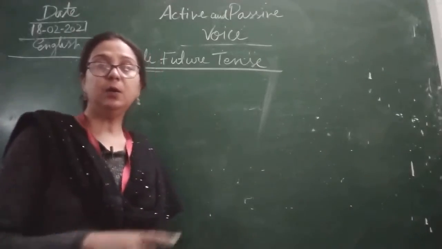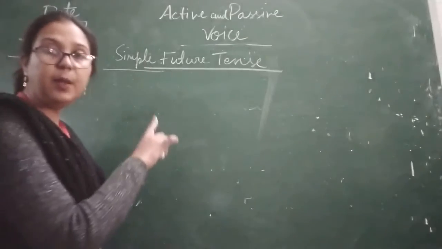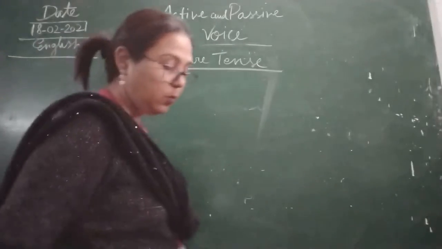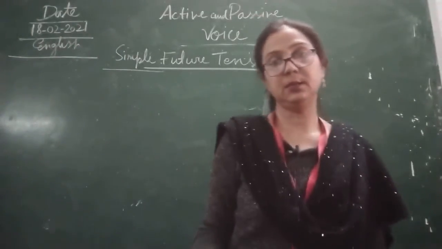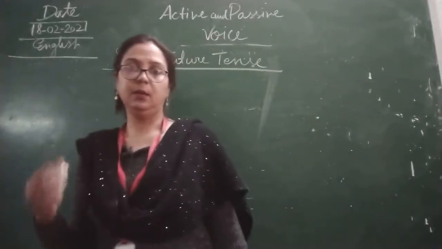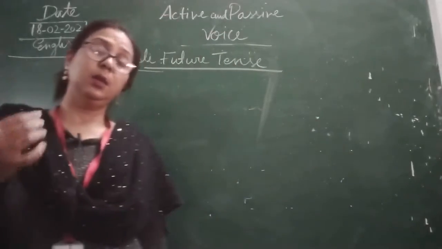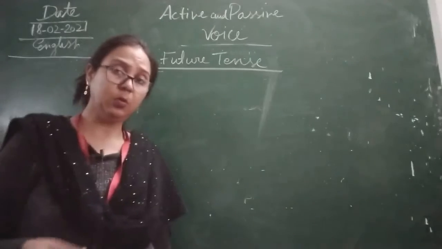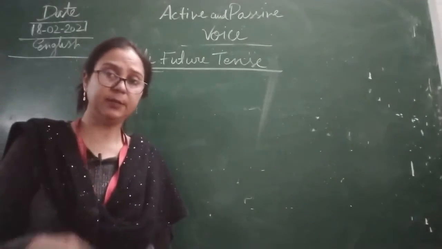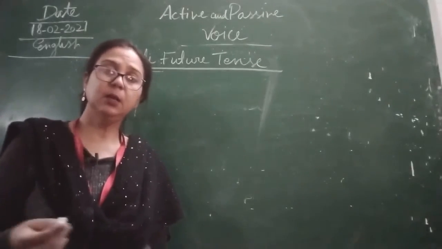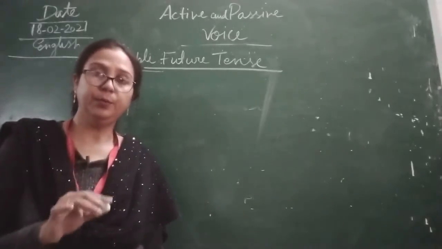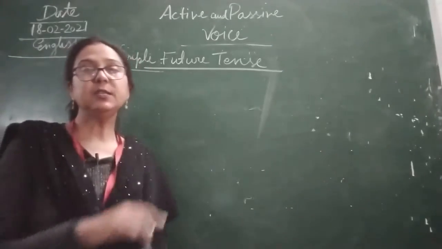Similarly, we have already discussed past tense. Okay. Now, we are going to start simple future tense. What do you mean by future tense? It means very simply that which denotes tomorrow. That is called future tense. We don't know about that, but it will come tomorrow. Okay. Now in future tense, what are we using?